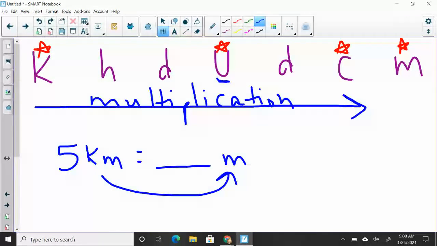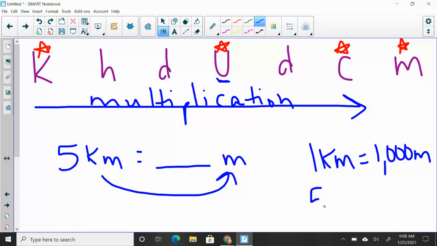Well, how do I know how much to multiply? Well, you could think of it this way. I know that 1 kilometer equals 1,000 meters. So if I have 5 kilometers, then what is going to be in that blank? 1 is to 1,000 as 5 is to 5,000, okay?